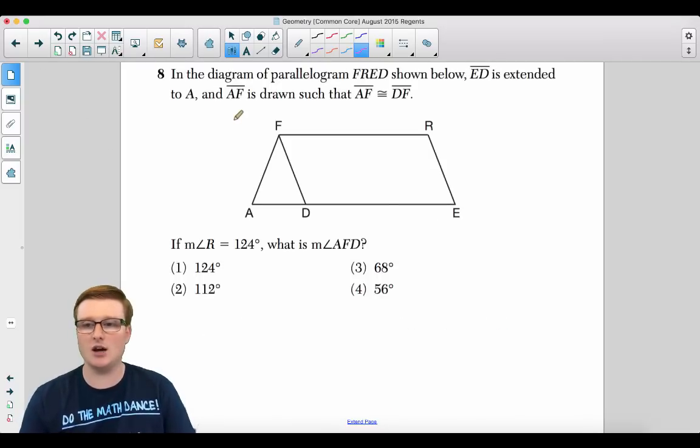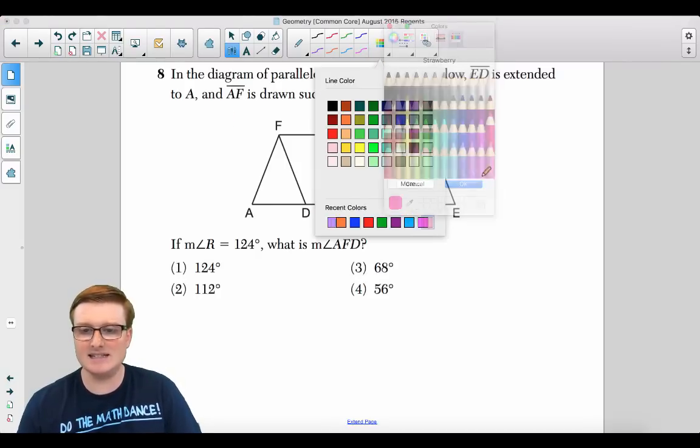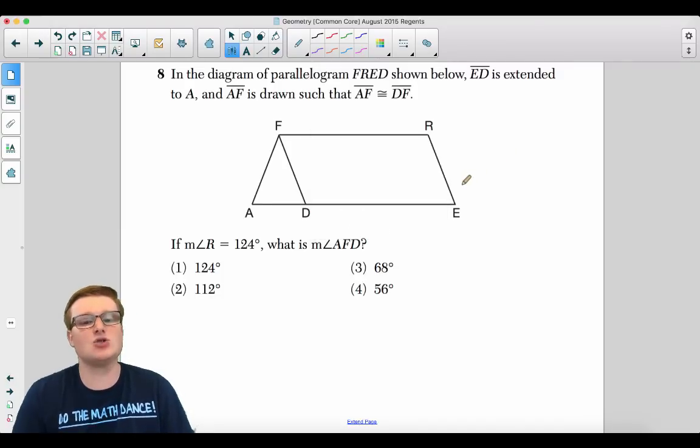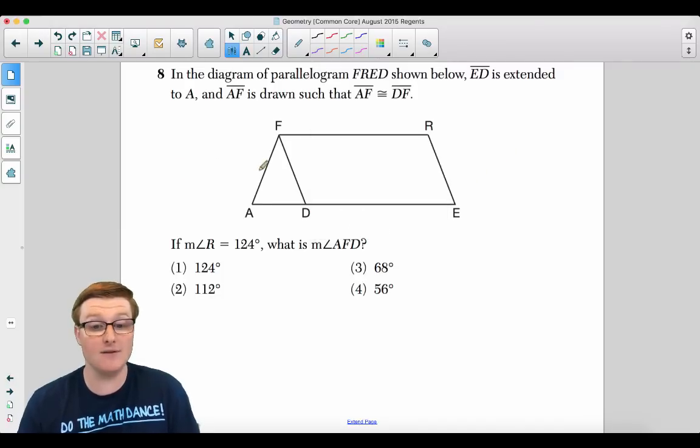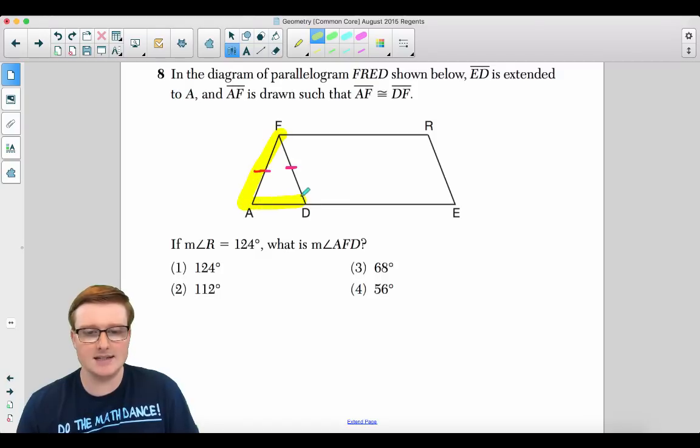Number 8, in the diagram of parallelogram FRED, shown below, it says that ED is extended to A and AF is drawn such that AF is congruent to DF. Okay, cool. By the way, this triangle that you see here is isosceles because it has 2 congruent sides.